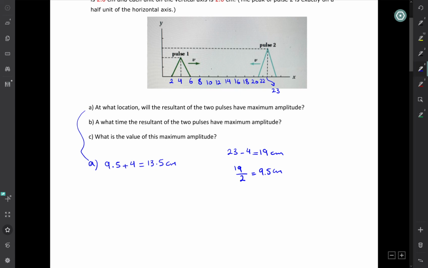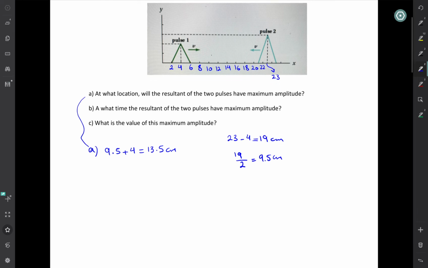So pulse 1 was originally located at 4 centimeters, and it's going to travel 9.5 centimeters. Therefore, its final location would be 13.5 centimeters, which is the same as the location of the peak of the resultant pulse.